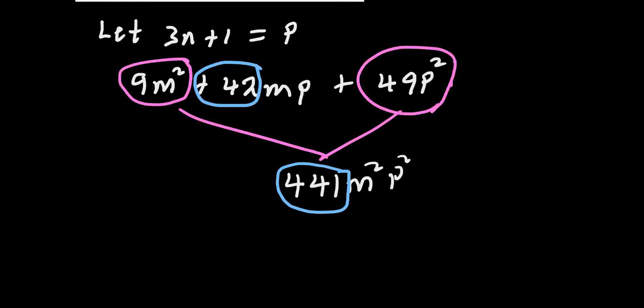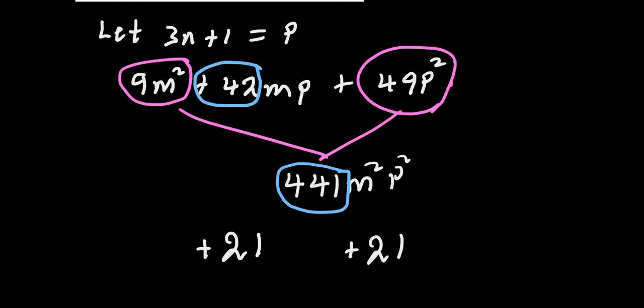The two factors of 441 that can give us plus 42 are 21 and 21. Let's make them positive and positive.